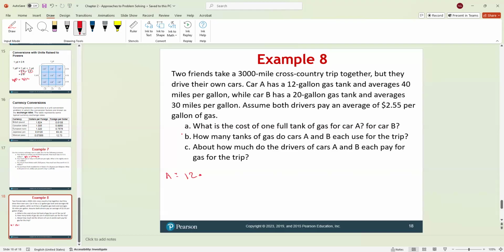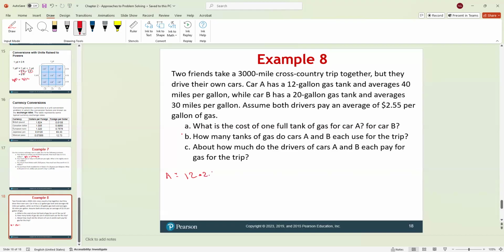And they said assume both cars pay an average of $2.55 per gallon. So for car A, it would be 12 gallons.